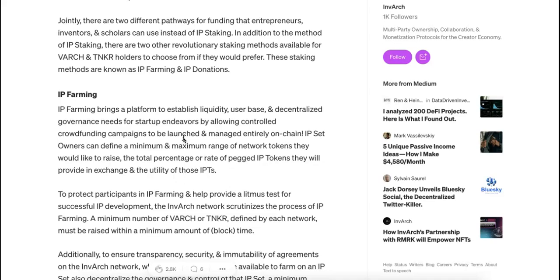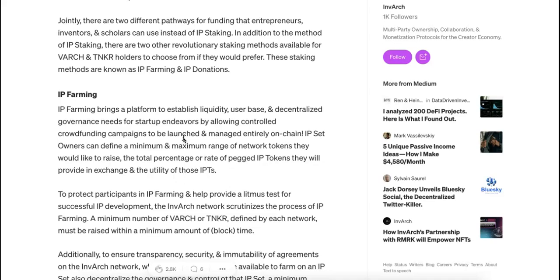You can define the range and also the percentage of the IP token you will provide in exchange, and the utility of those IP tokens, and then the investors decide. If more people want to support this IP token, you will get more of the tokens you want to raise, like the DOT.